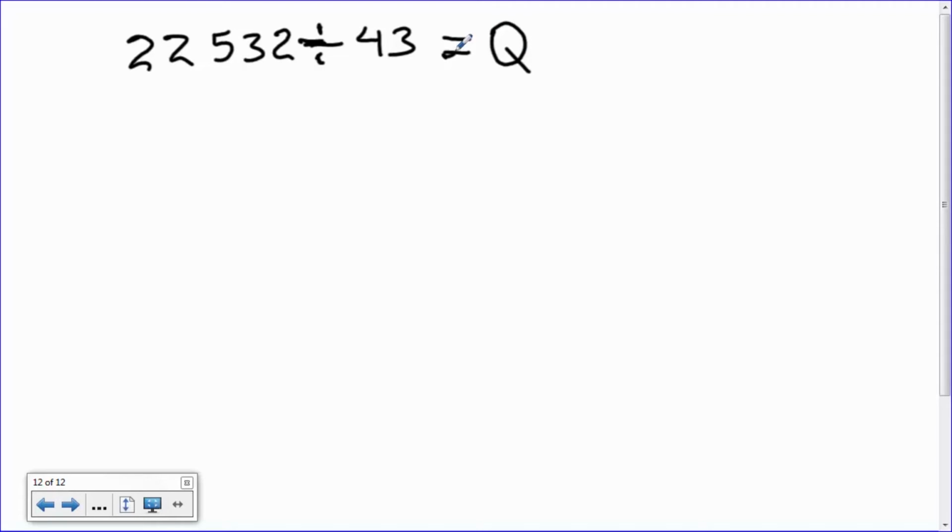You know, is there a remainder to this problem? I'm going to go through the steps that I just completed where I had a single-digit divisor, but now I have a 2-digit divisor. So I'm going to set the problem up just as we did earlier. So I'm going to take 43, and I'm dividing it into 22,532.